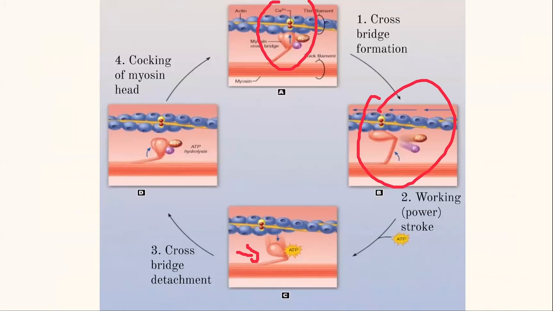And then fourth and last, you have the cocking of myosin head. So ATP hydrolyzes to ADP and the phosphate, and it's a recurring cycle. It continues.